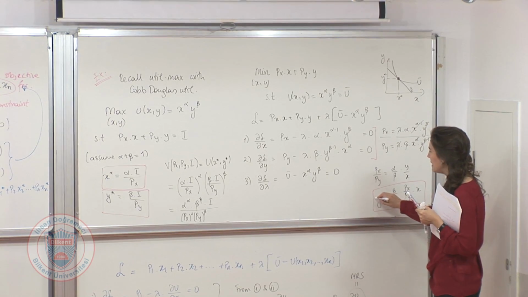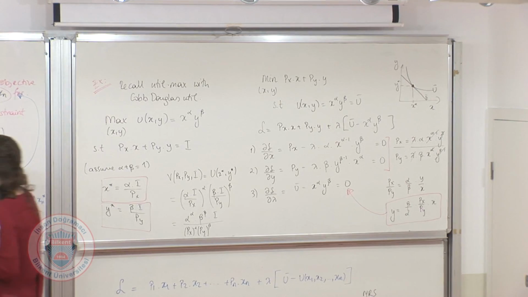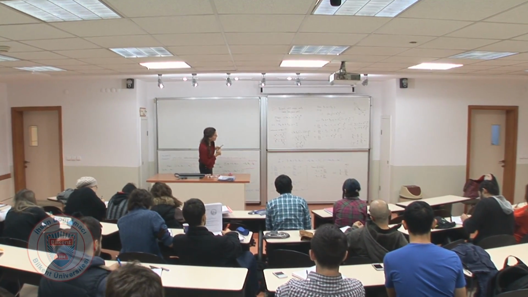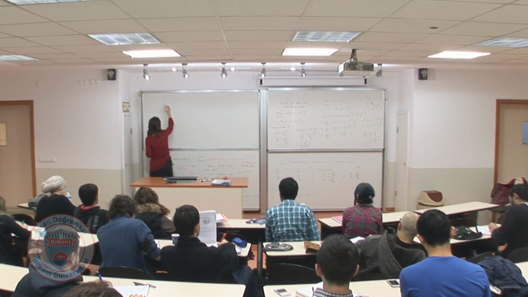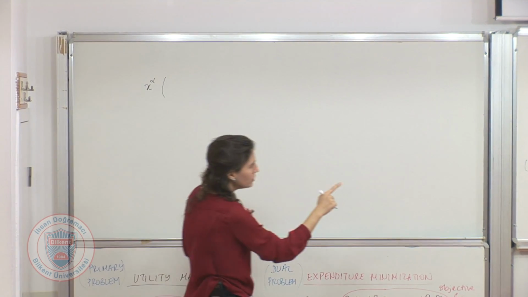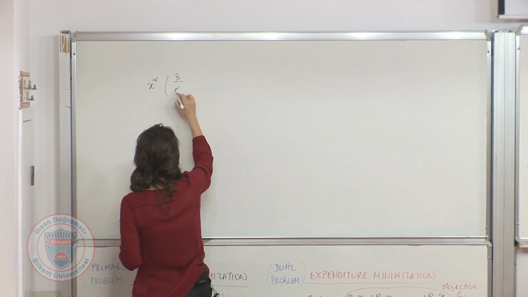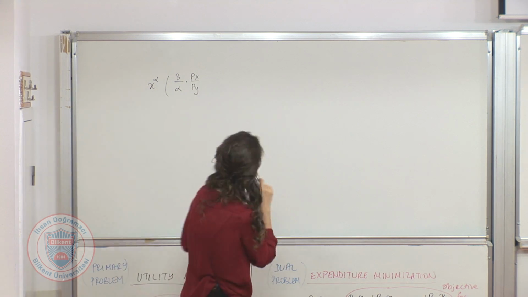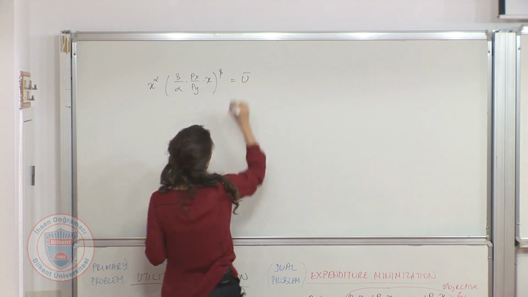And now to find the demand, remember we were putting this back into the constraint. So let's put that into our constraint, which is x to the power alpha, and instead of y, I write beta over alpha, px over py, times x, all to the power beta, which is equal to u bar.